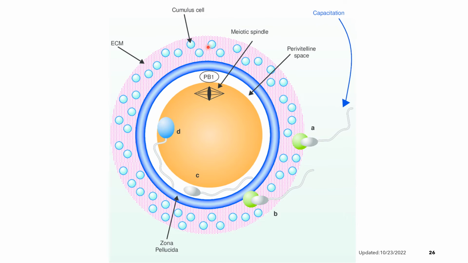And these cells here represent the cumulus cells, and the blue one here represents the zona pellucida. So when we say zona pellucida, that is a non-cellular layer surrounding the oocyte made of glycoproteins. Its role is important because it plays a role in fertilization and cleavage. So this diagram is a sequence of early events in mammalian fertilization.